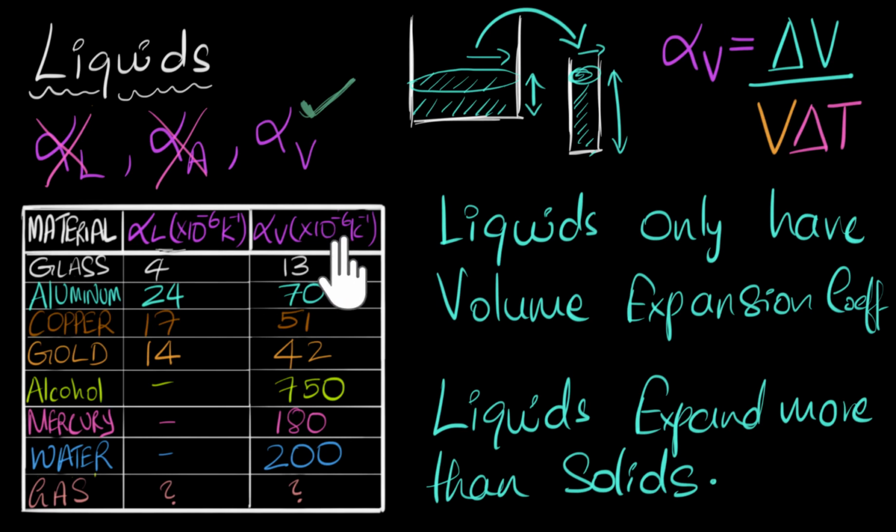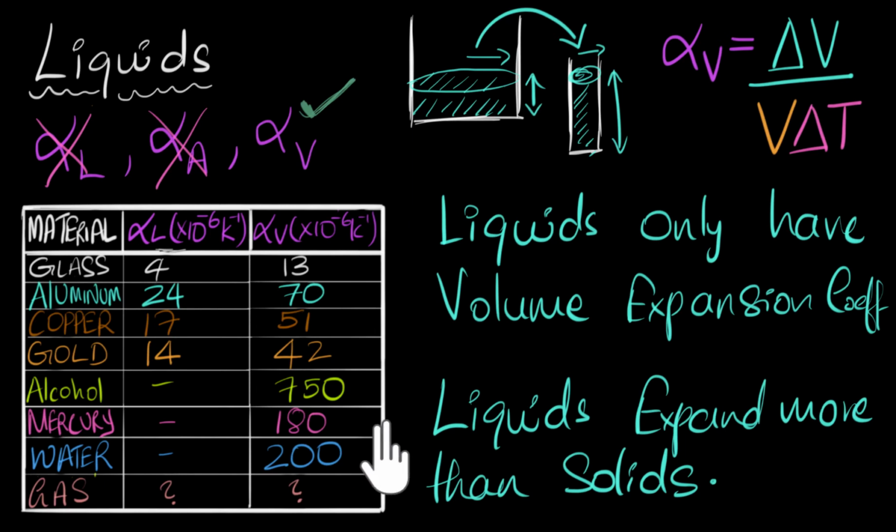And if you convert that, that's about 0.2 milliliters. So 1 liter of water, increase temperature by 1 Kelvin, it'll expand by 0.2 milliliters, which doesn't seem like a lot. It is very tiny, but it's much bigger than what solids would give you.